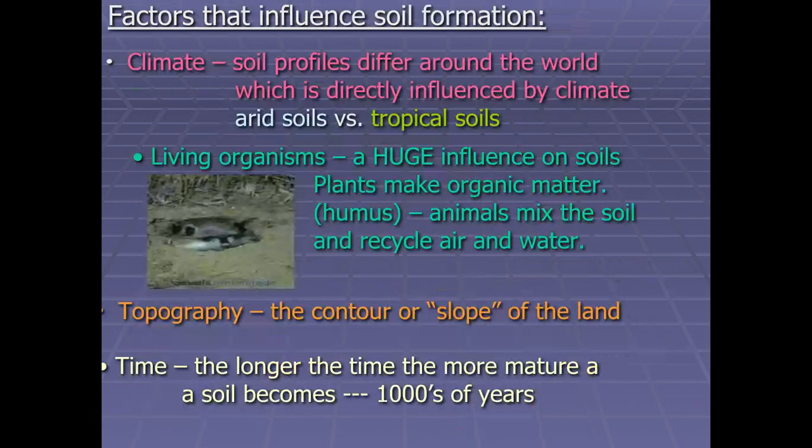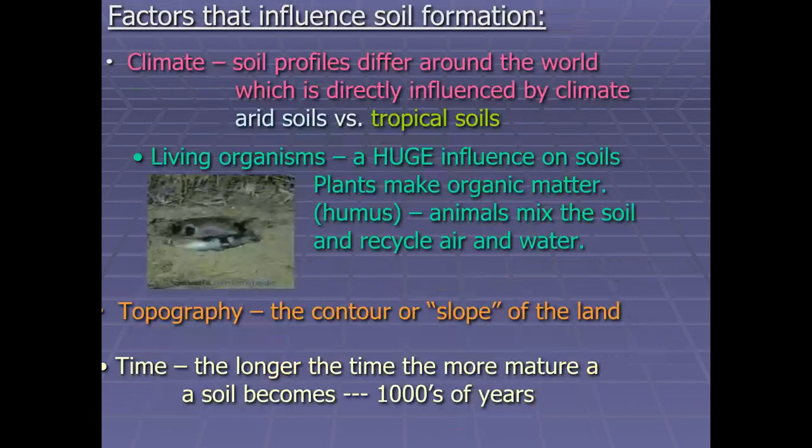Living organisms are a big influence on soils for many reasons, because soils can be transported by the organism, plus there's the introduction of organic matter, and the animals mix the soil and recycle the water, and that would produce different kinds of soil profiles.